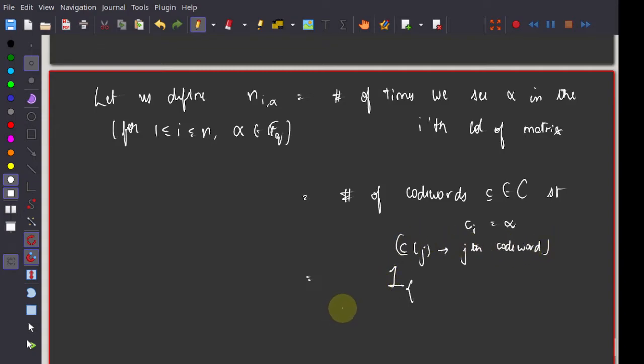So c_ij is basically the ith element of the jth code word. So can you write this n_{i,alpha} in terms of the c_ij's? c_ij equal to alpha, summation.